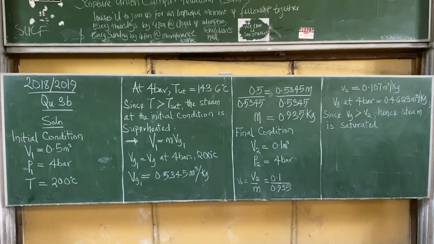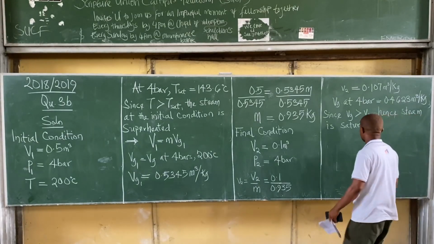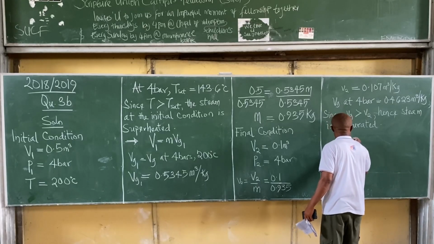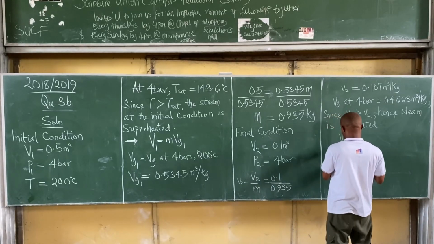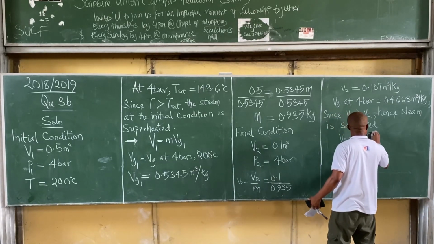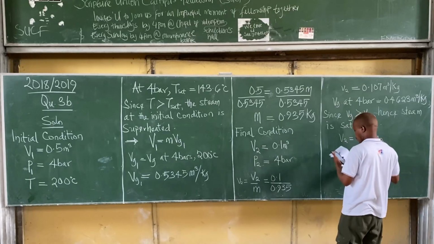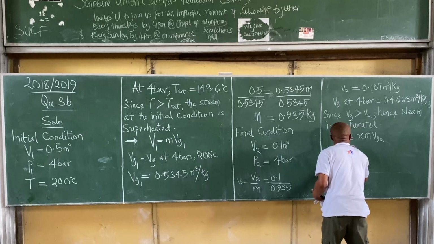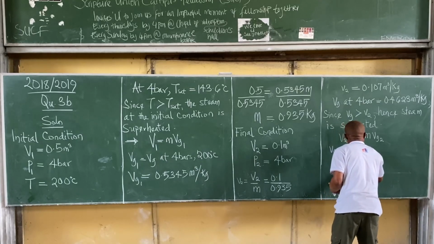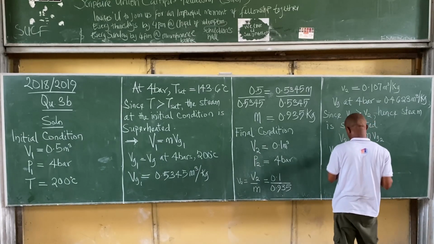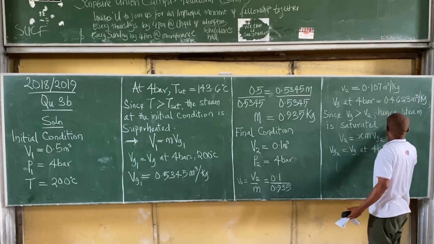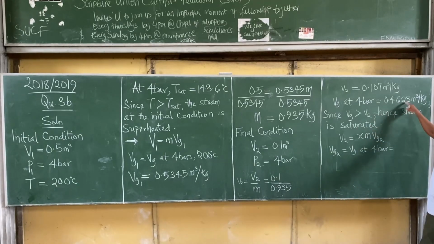So let's get that now. We know that the volume for a saturated steam is given as V2 equals x m Vg2. Now Vg2 is Vg at 4 bars, which we got as 0.4623.